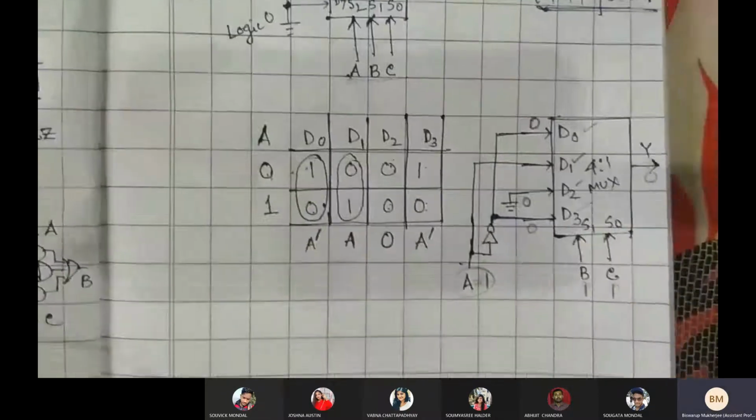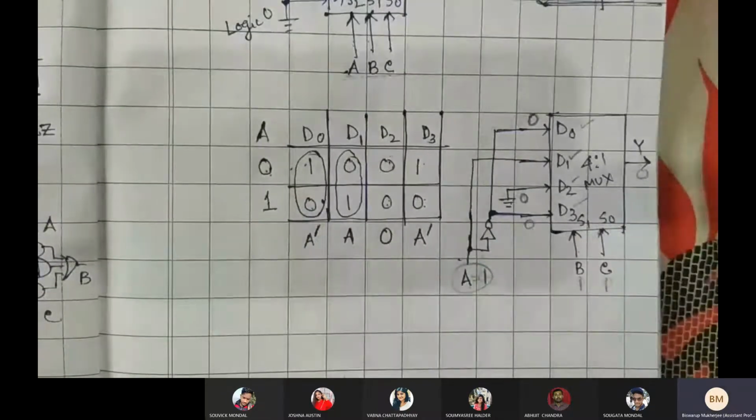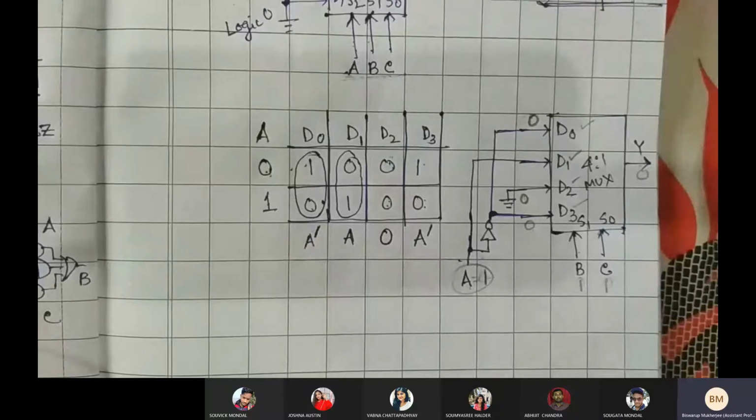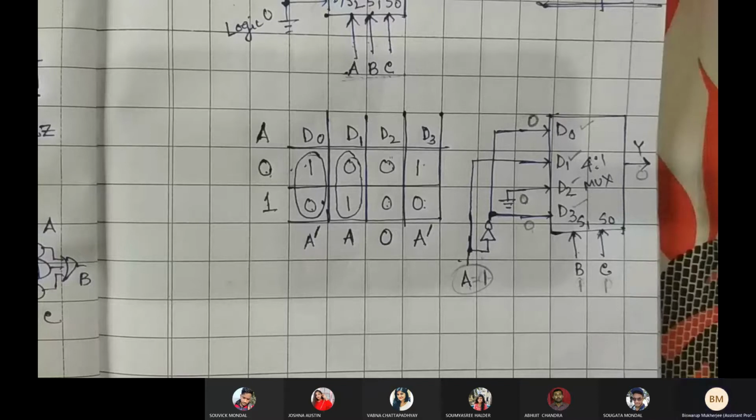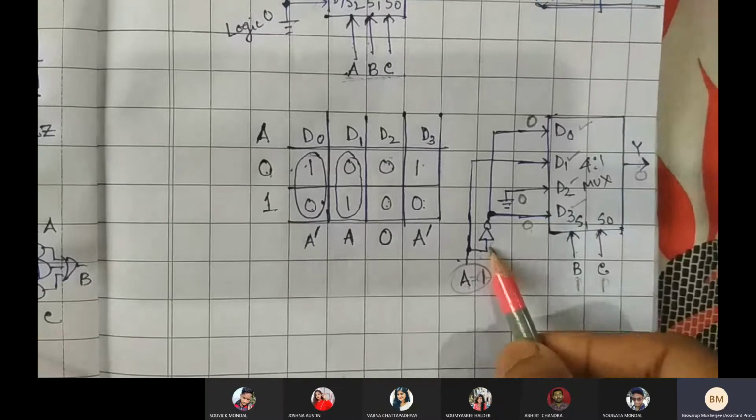So in this way, by making such a table and using the input A also as one of the data inputs, we can make the same expression implemented by only a 4:1 multiplexer. Obviously, you will require one extra inverter.